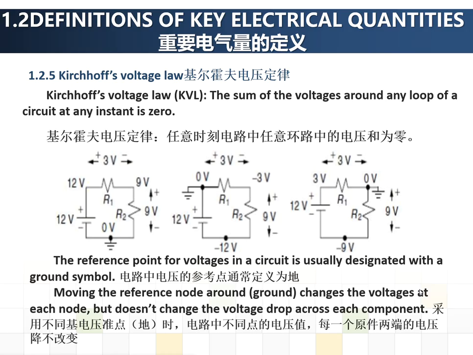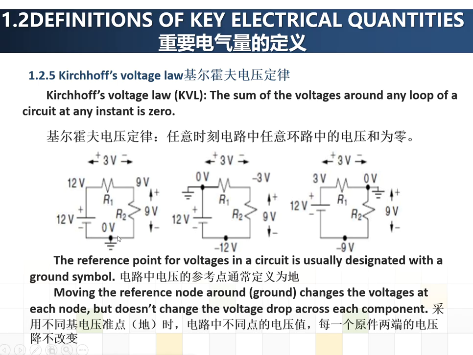To describe voltage, a reference point in a circuit is usually designated with a ground symbol. The ground symbol. Moving the reference node around changes the voltage at each node, but doesn't change the voltage drop across the component.